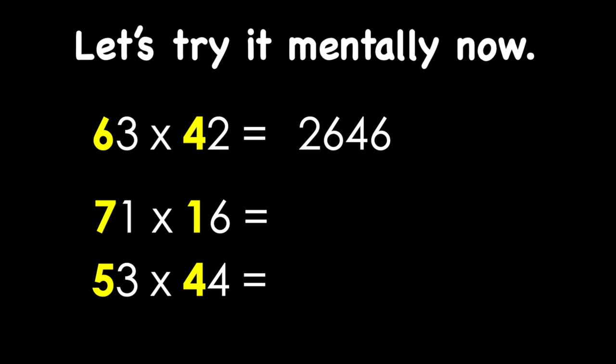Next, 71 times 16. We first multiply 7 times 1 and then 1 times 6. So we have now 7 and then 6, but we have to determine the middle number mentally. That will be the sum of the products of 7 times 6 and 1 times 1. So 7 times 6 is 42 plus 1 times 1 is 43.